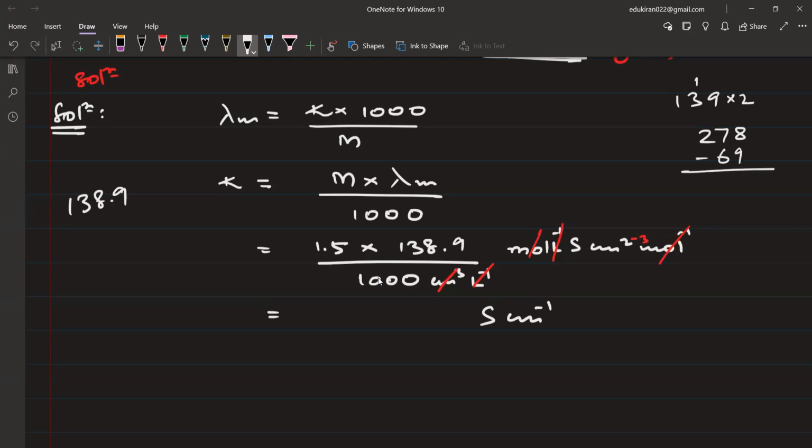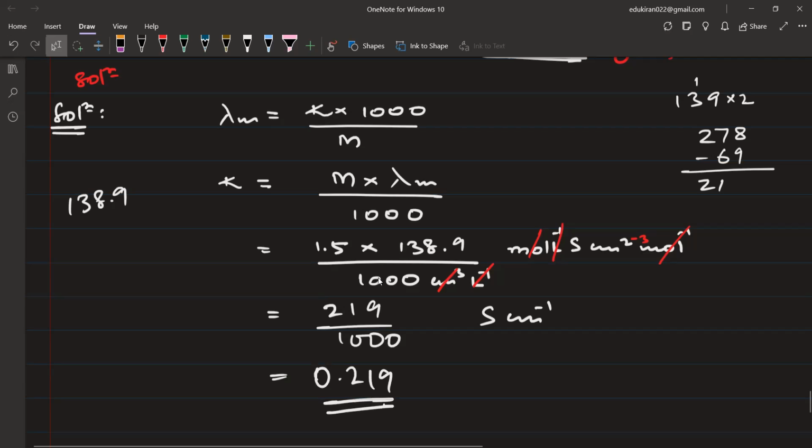So 27 minus 6 is equal to 21, and this is -1, so 219. This will be 21993 divided by 1000 approximately. That means 0.219. Tell me, is this right?